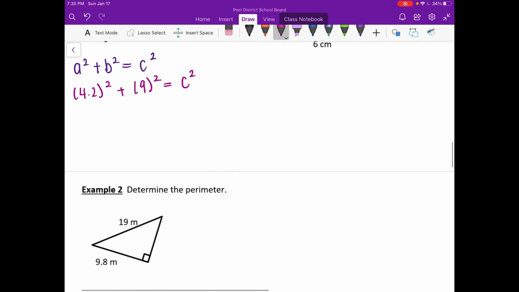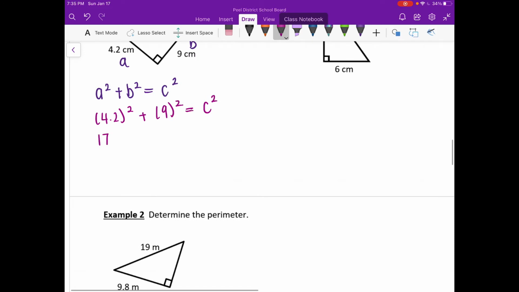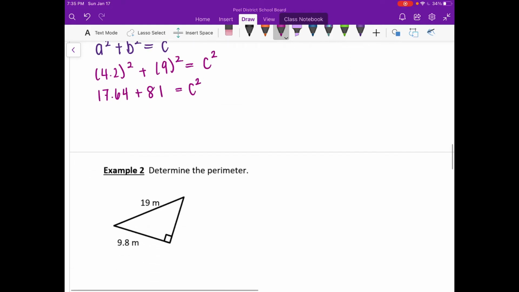4.2 squared is going to give us 17.64. And then 9 squared we know is just 81. Equals C squared. Then when we add those two together, we know that 98.64 is C squared. And now we want to get that C by itself.